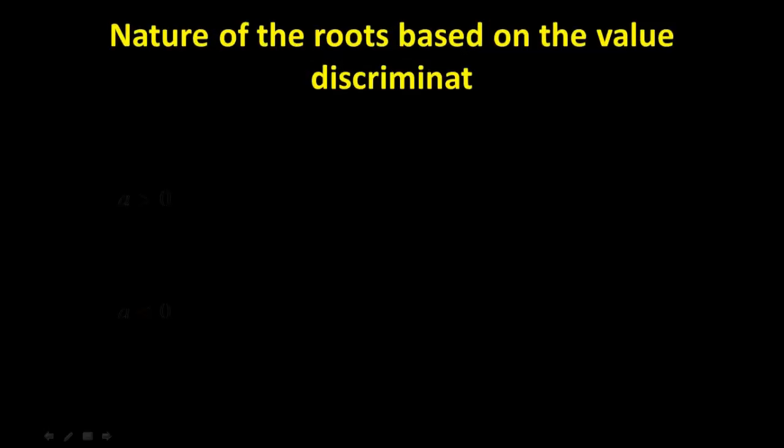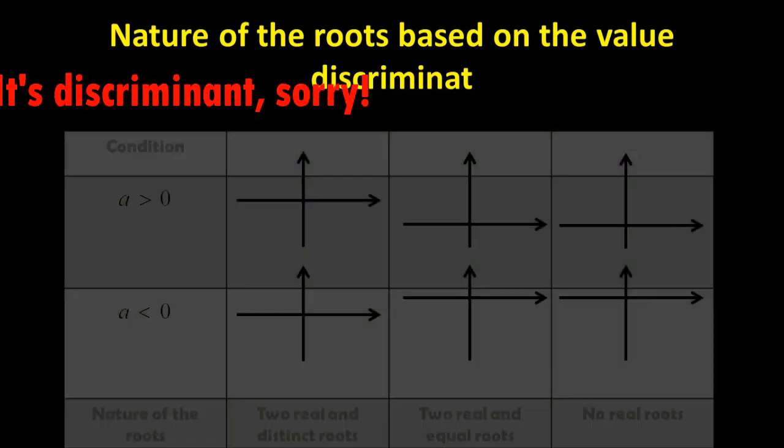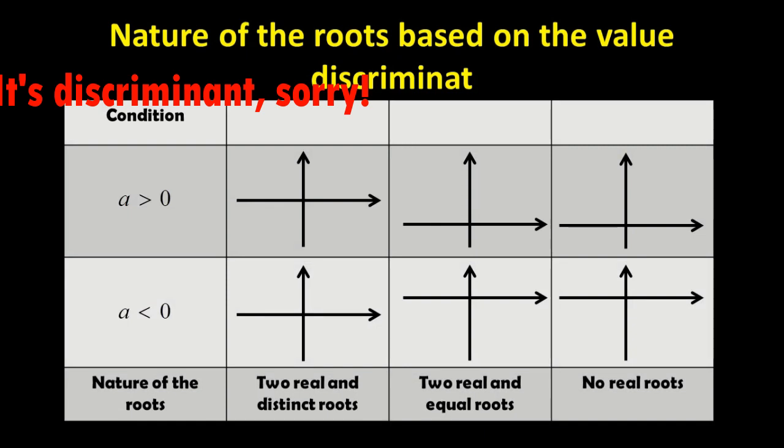We have three types or nature of the roots based on the value of discriminant. I will teach you one by one. Actually you have learned this in secondary school, but it's okay. Let's recall.